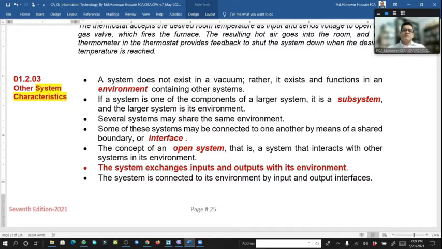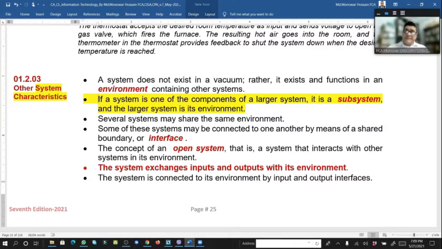If a system is one of the components of a larger system, it is a subsystem, and the larger system is its environment.